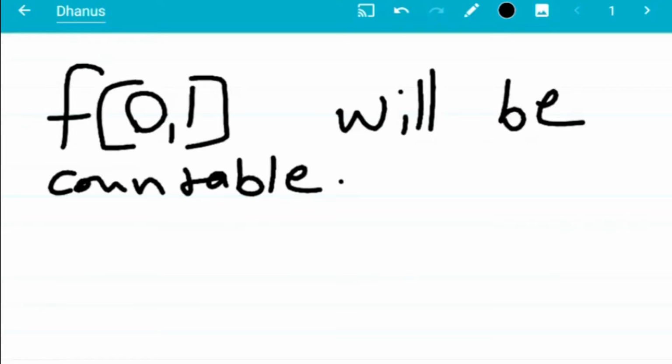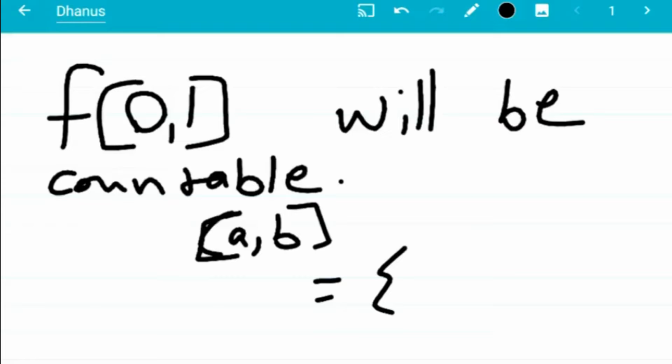But this is an interval, definitely a closed interval [a, b]. A closed interval which has only a countable number of elements must be a single point, a singleton set. That is a contradiction, since this function is a non-constant function.